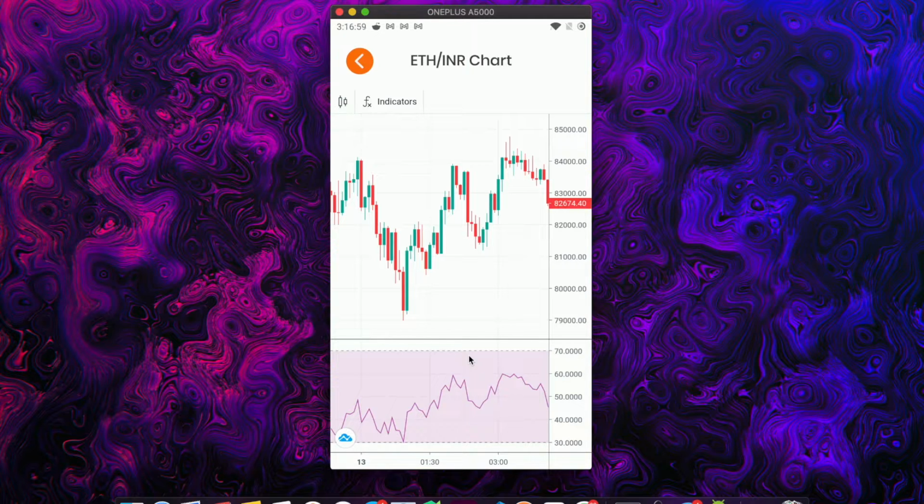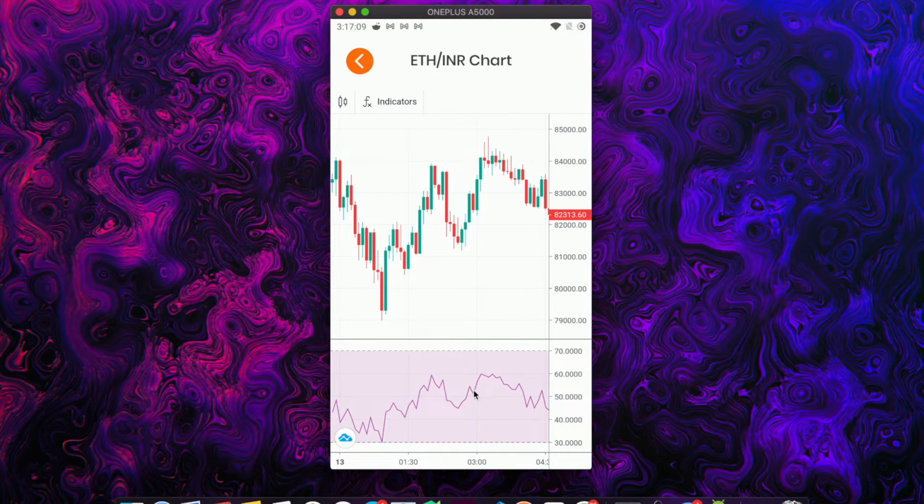Usually, whenever you come anywhere closer to the 50 or 60 spectrum, it's a good time to sell your stocks off. Whatever you buy at 30, just try to sell it off right at 60, because it is the sweet spot to sell. But if you have a lot of hope in your coin or something that you have invested in, then you can surely wait.